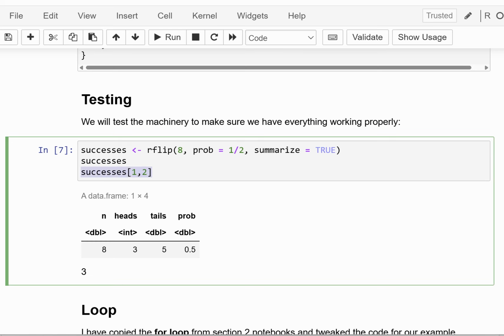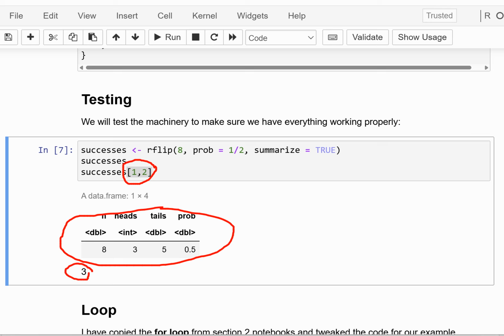And what does successes 1, 2? Again, remember, this is data frame notation, row comma column. It turns out that the output from the rflip function with summarize equals true is a data frame.